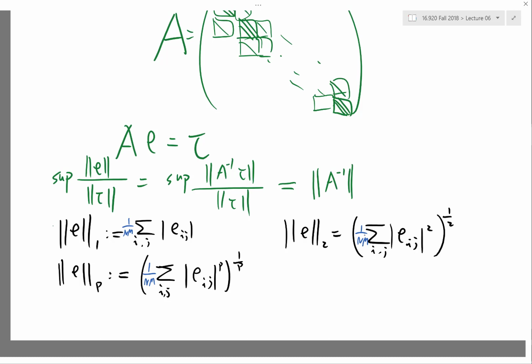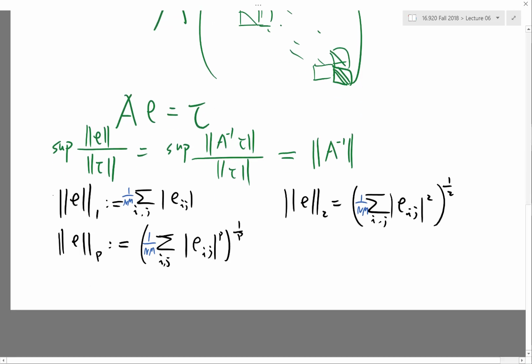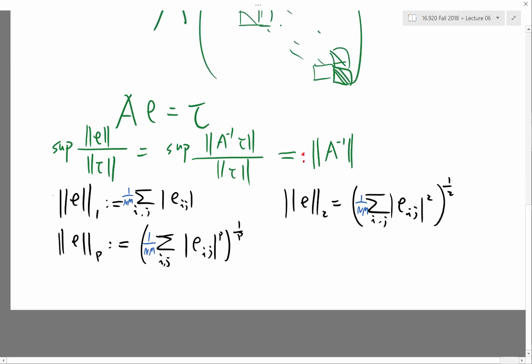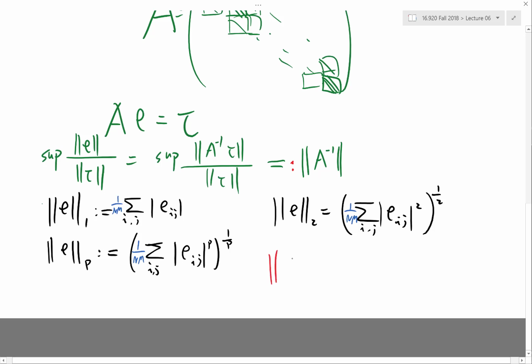Okay, so this is the vector norm. And the matrix norm, by definition, is actually associated with the norm of the vector. So if you have one vector norm, you have the corresponding matrix norm, right?